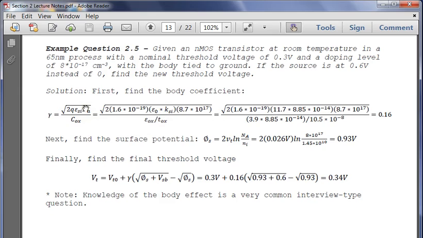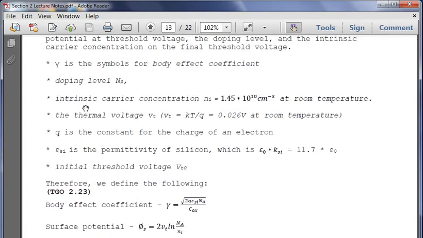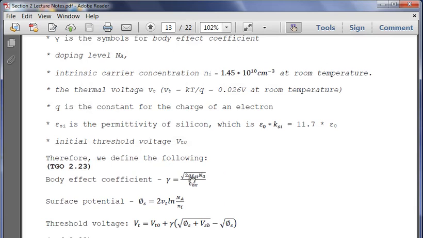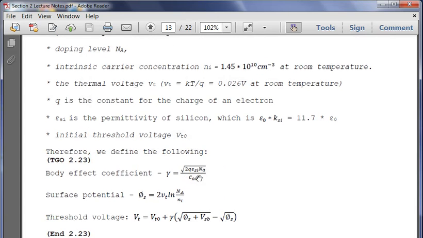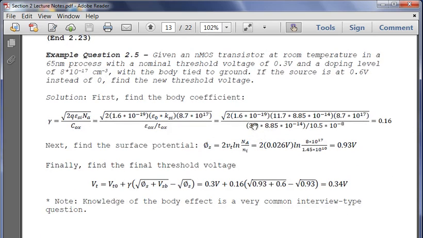So as you notice in the equation again, notice how it's epsilon silicon divided by COX. So it's not the same thing here. So you would not want to use 11.7 here. You specifically need to use 3.9.